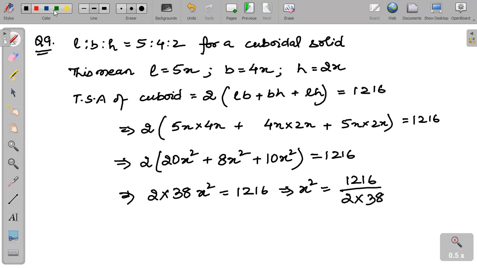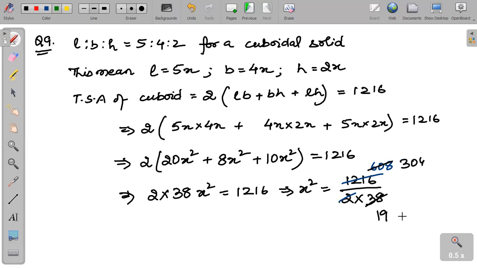Okay, let us cancel this. This will become 608. Then we can cancel with 2 again. It will become 19 and this will become 304.